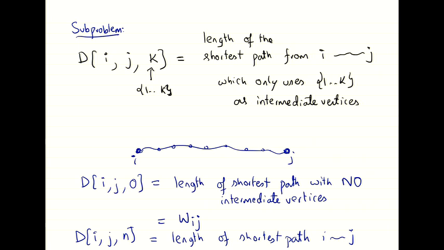Okay, so let's try to write a recurrence relation and see how it goes. So I want to know what d_ijk is.